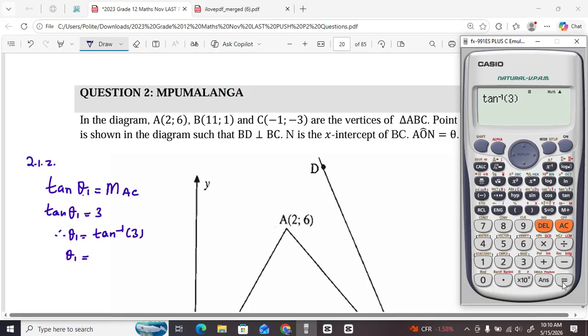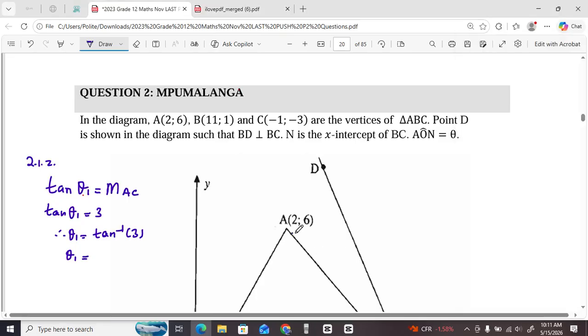And this gives us a massive angle, which is 71.57 if I round it off. But I'm not going to round off any angle. So I'm just going to write 71.565 dot dot dot. I only have to write the final answer. So this will be 71.565 and so on. So I'm not going to round it off.